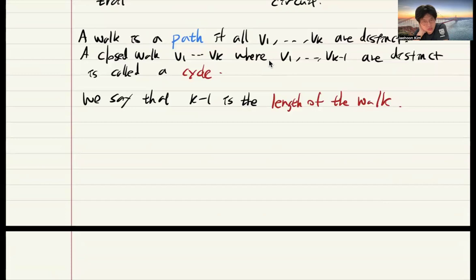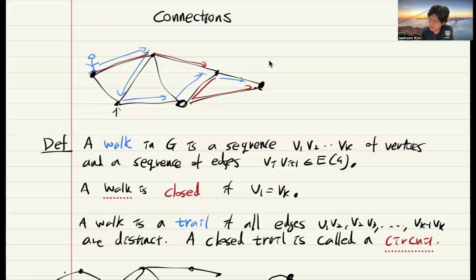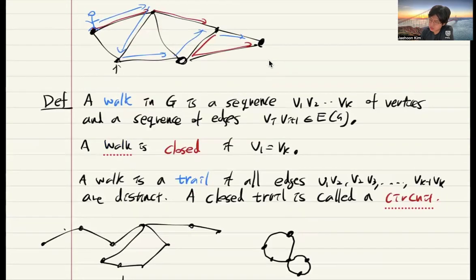So recall that our goal was to define this concept which provides connection, which is a walk. And we want to understand how these walks are formed, and what properties we can get from here. But as I mentioned before, this walk seems a bit complicated.